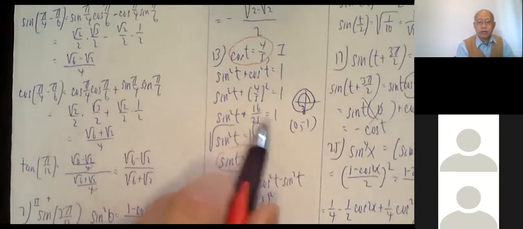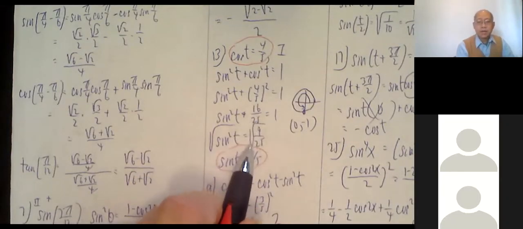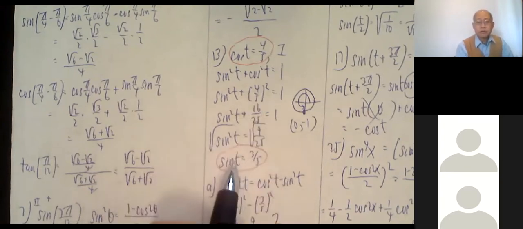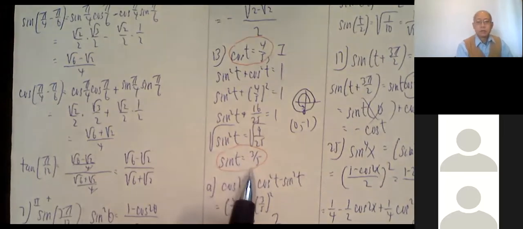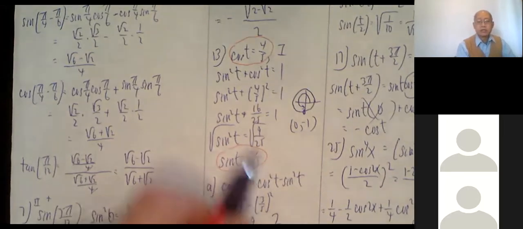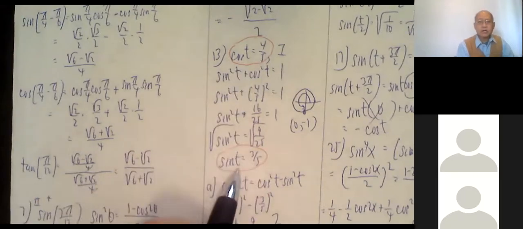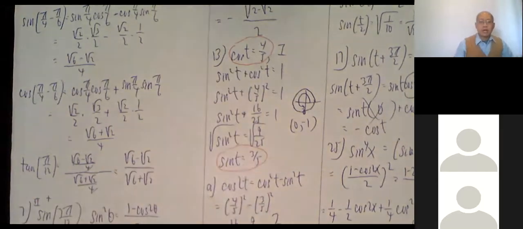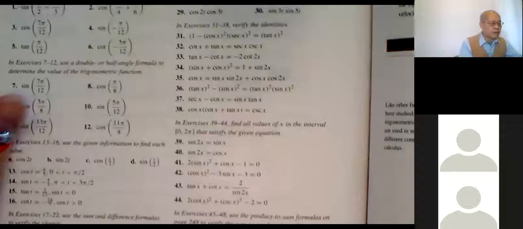Subtract from 1: 1 minus 16 over 25 is 9 over 25. Square root. I'm in the first quadrant, so sine of t is 3/5. So I now have cosine of t is 4/5, sine of t is 3/5. I will need this for the rest of the stuff.